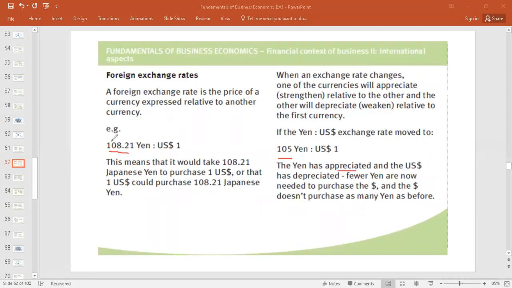But the situation we are discussing in the case study is where the currency has weakened. When it has weakened, more of the local currency will be used. Where it is appreciated, less currency is used. There it is weakened, so more local currency will be used.